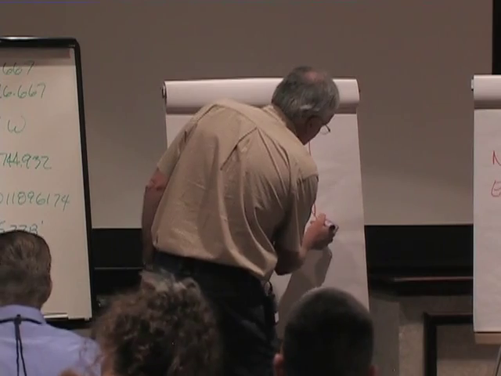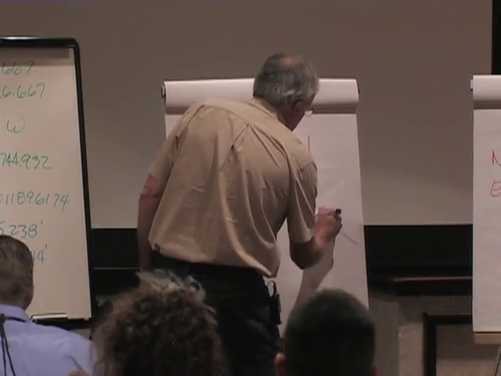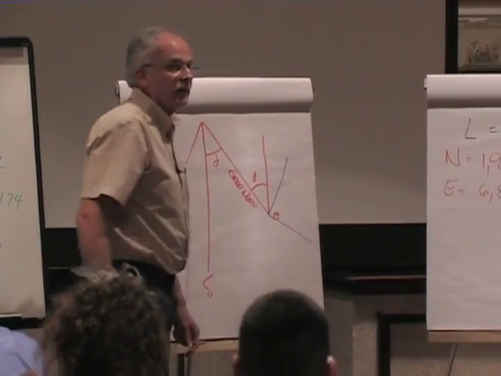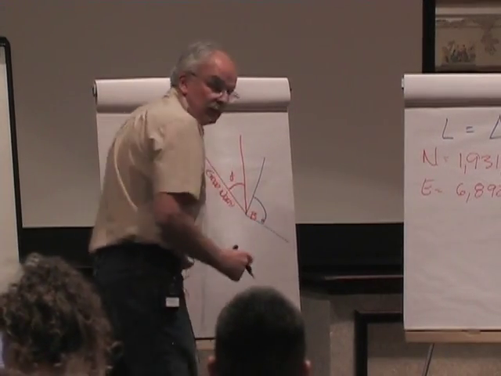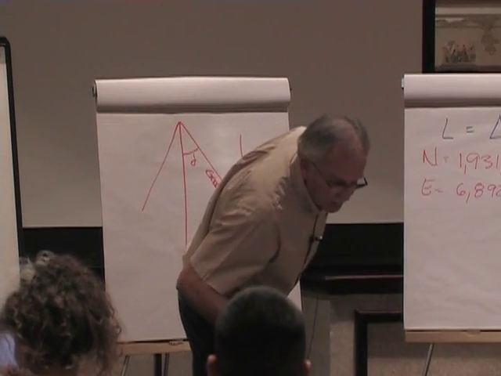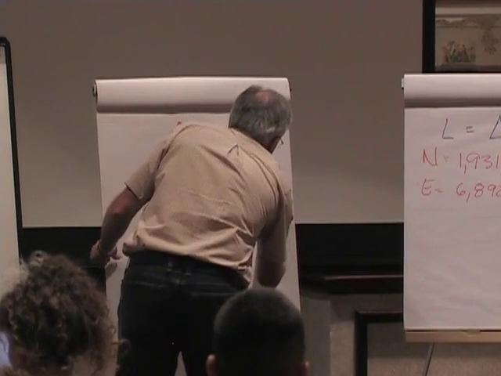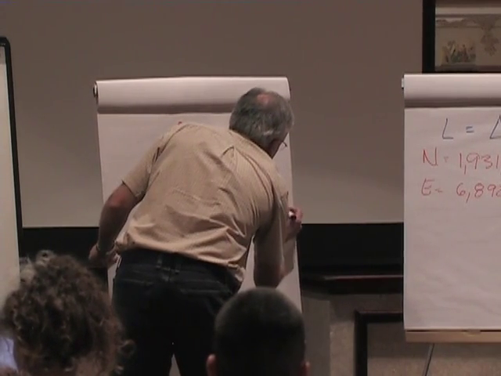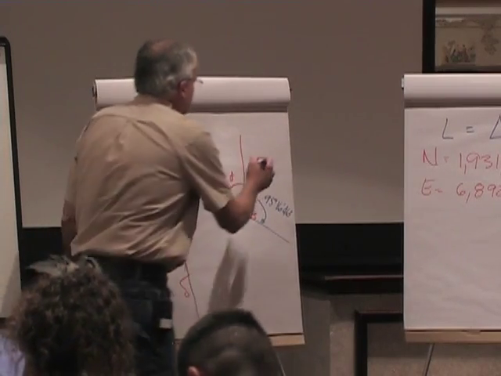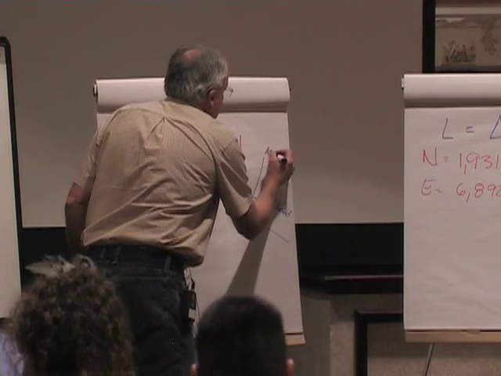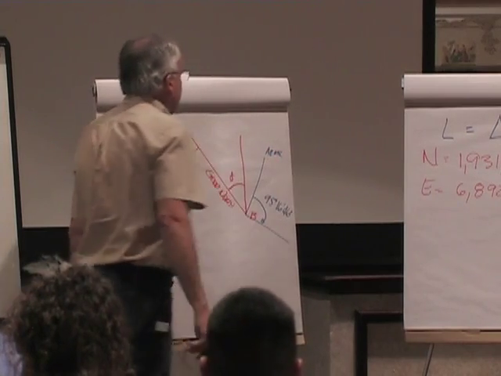Riverside's over here somewhere. And so the azimuth mark is actually up this way, correct? And this angle right here is 95°16'46". Okay so far? And this is the azimuth mark up here.